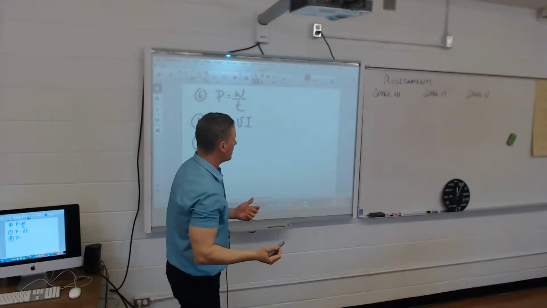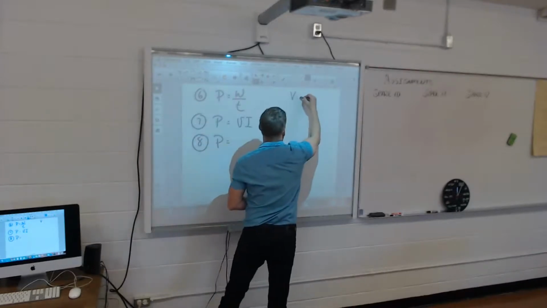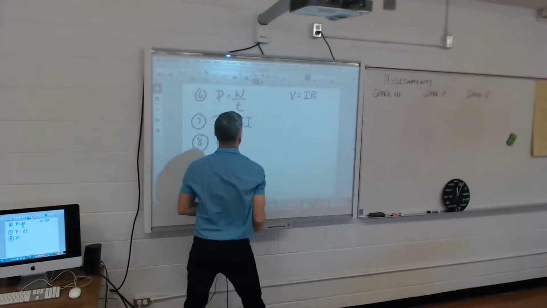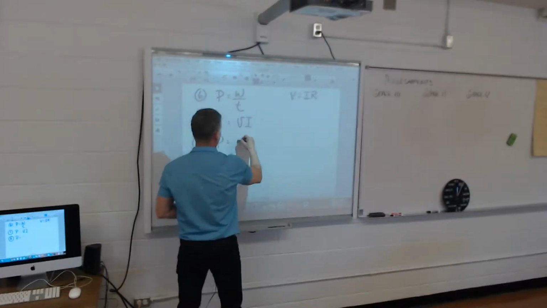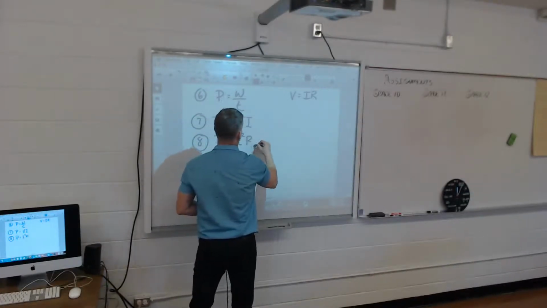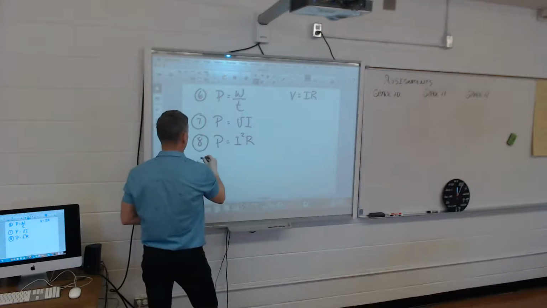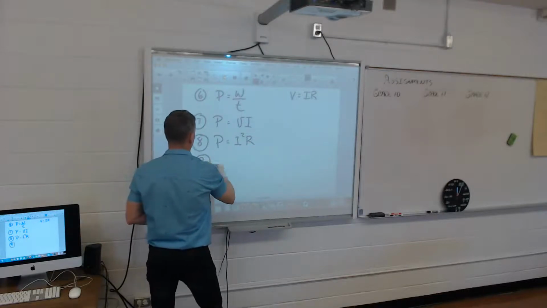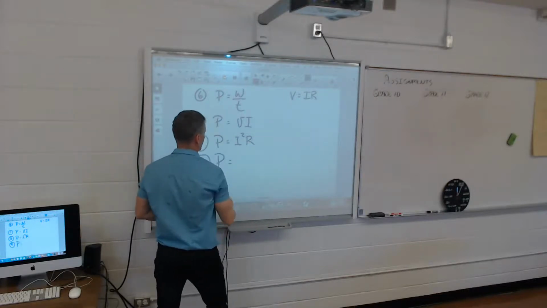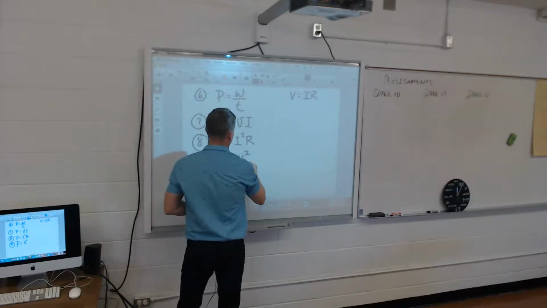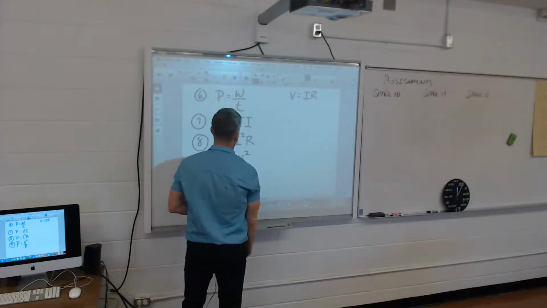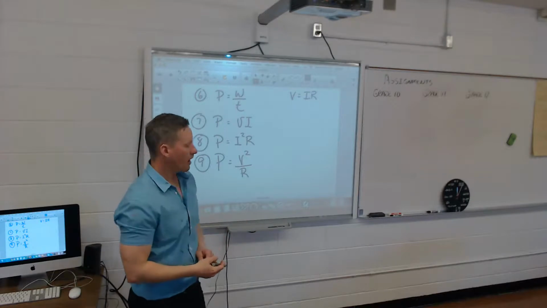Using Ohm's law, V equals IR. Substitute that in for V. That gives me power is equal to I squared R. And V squared over R as well.